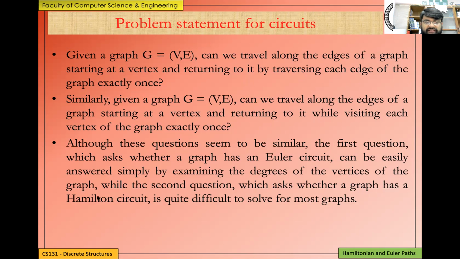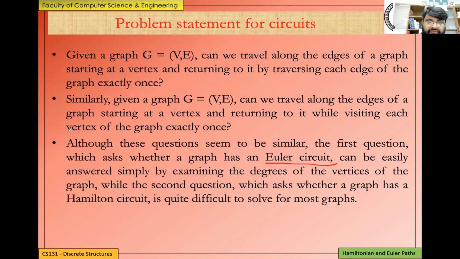The first question that is being asked here is about the Euler circuit. And the second question, automatically then, is this: for the first question we just need to examine the degrees of the vertices, and the second question asks whether we can traverse starting at a vertex and return to it while visiting each vertex exactly once.